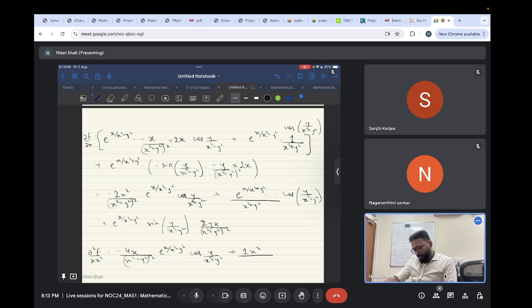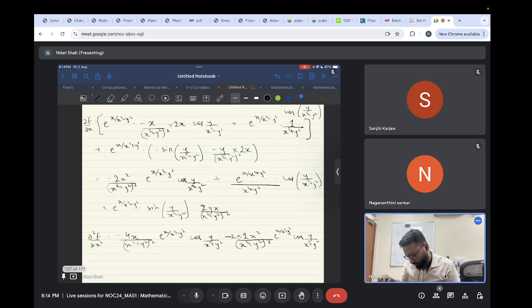So this is minus 2 already, so there will be minus 2 here, and x square plus y square, the whole cube, e to power x divided by x square plus y square, cos y divided by x square plus y square. So these are the two terms.